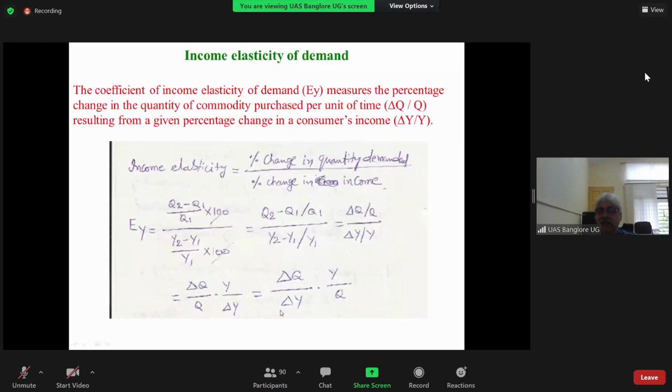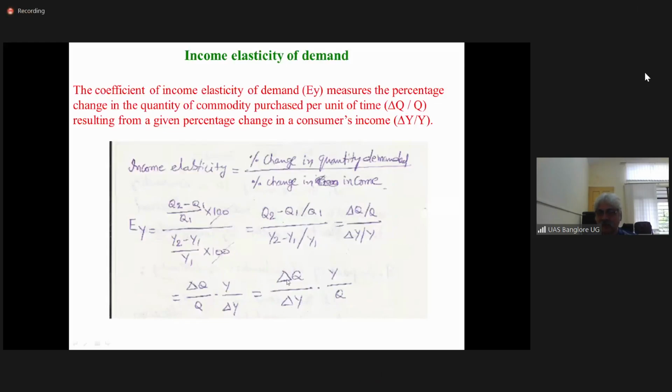It is delta Q by delta Y. So delta Q by delta Y, negative by positive, income elasticity would be negative. If the income elasticity of demand is negative, then the commodity that we are purchasing is an inferior good.